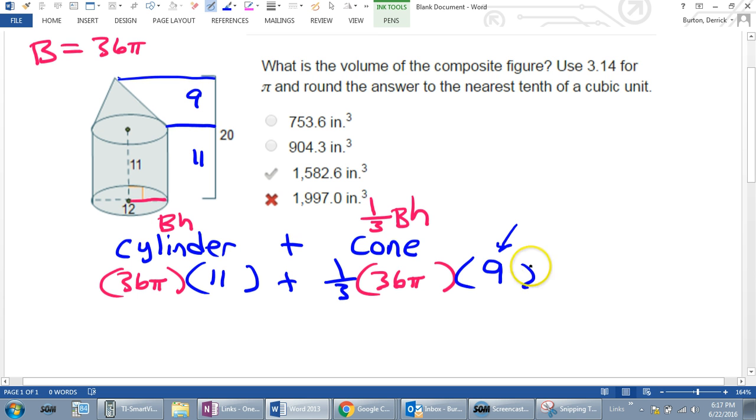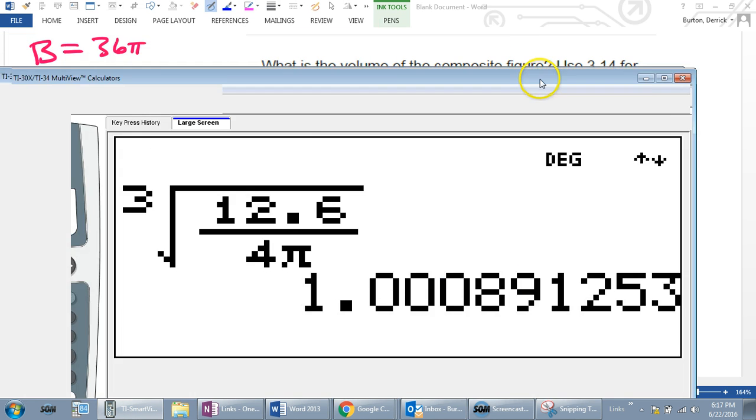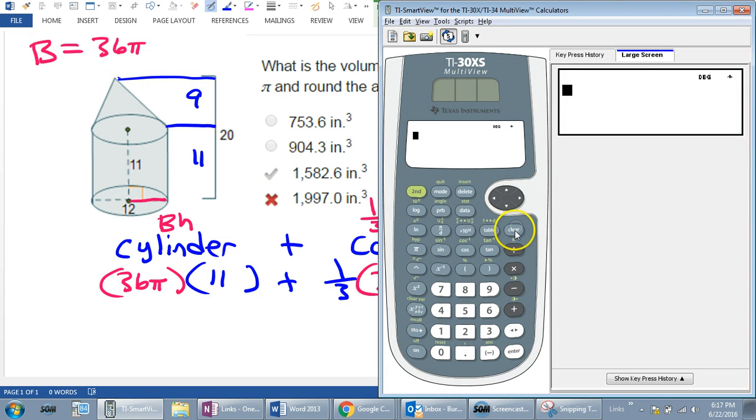So this is an expression for the volume of everything. I could simplify this out, or I could put the entire thing in my calculator, and that's what I'm going to do.